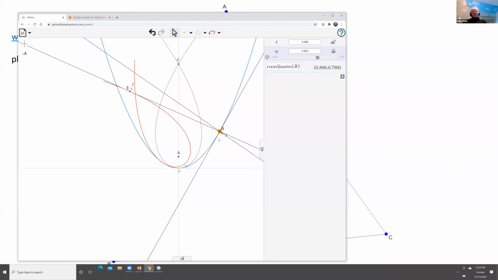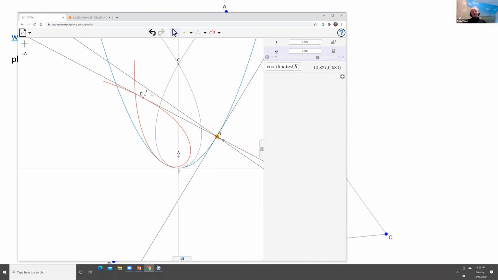And so if I change the T to √3 upon 2, that would be the point generated by T equals √3 upon 2.